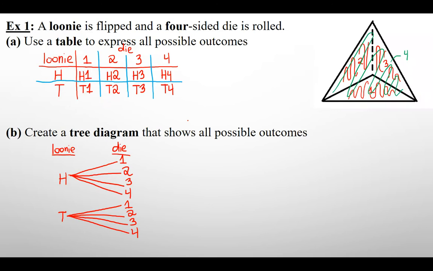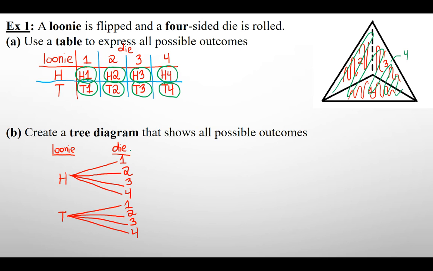Now, if I go back to the previous diagrams, we can also count the number of outcomes. For a table, it's the number of these little entries where you combine the 2 outcomes together. So you have heads and 1, that's 1 outcome, this is 2, this is 3, this is 4, this is 5, this is 6, this is 7, and this is 8.